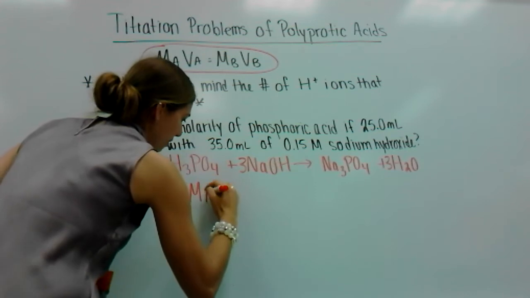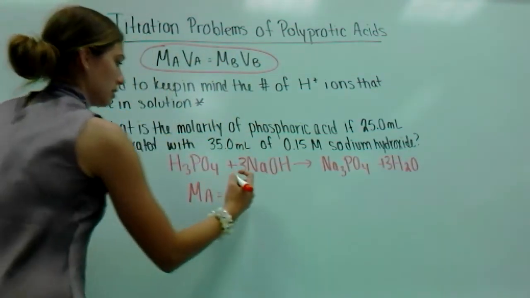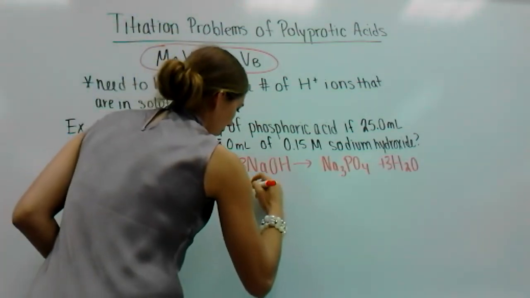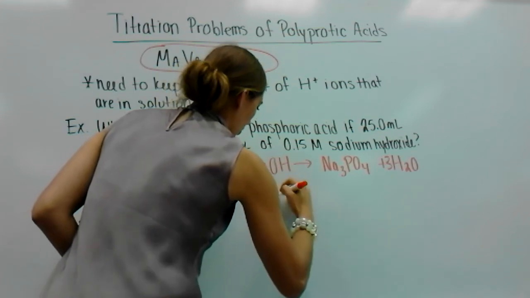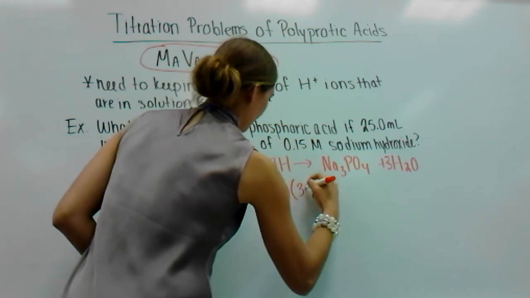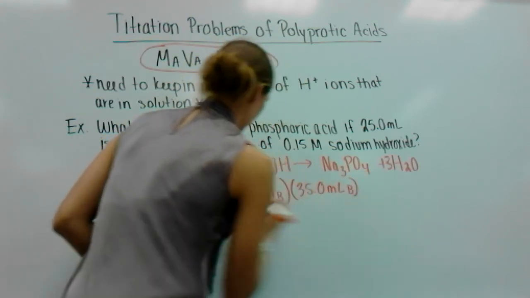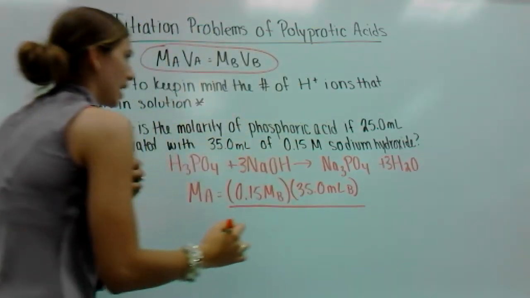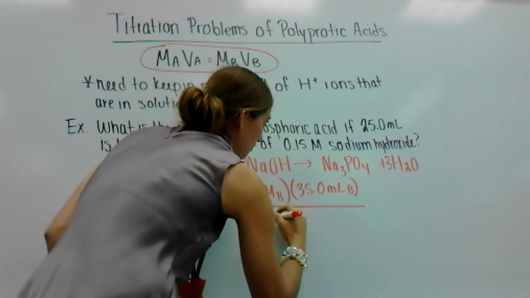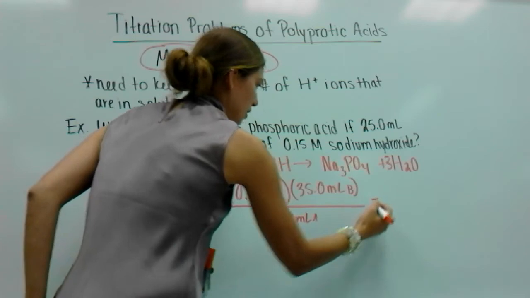So we're going to solve it like we normally do to start off. So I have MA is equal to MbVb divided by Va. So my molarity of my base is 0.15 molar. My volume of my base is 35.0 milliliters, and that's again of my base, divided by the volume of my acid, which is 25.0 milliliters of my acid.